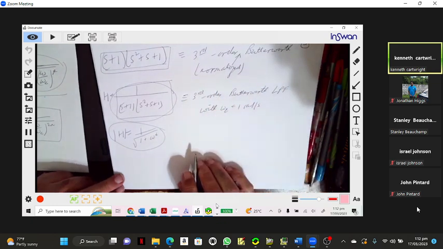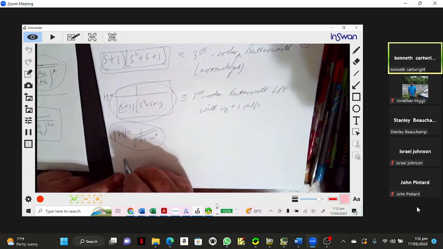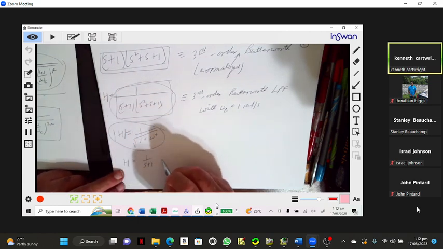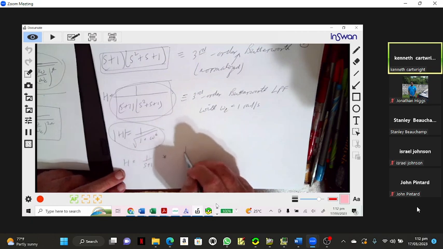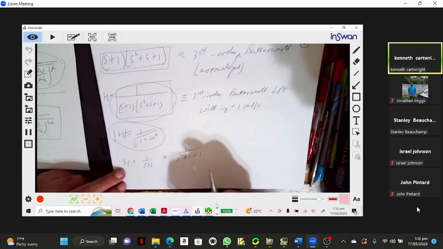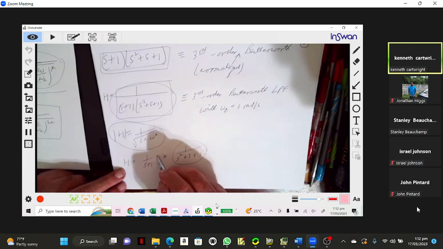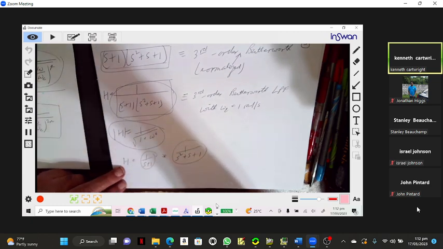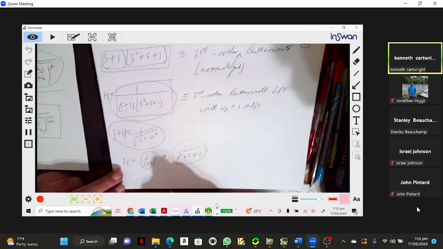Now, the important thing here is to know h, a third order, is in fact what? A first order times a second order. You see that? This is a second order filter. This is a first order filter. So you could make a third order filter by cascading the first with the second.